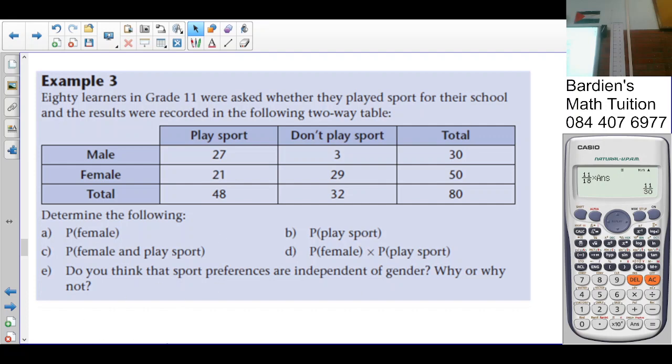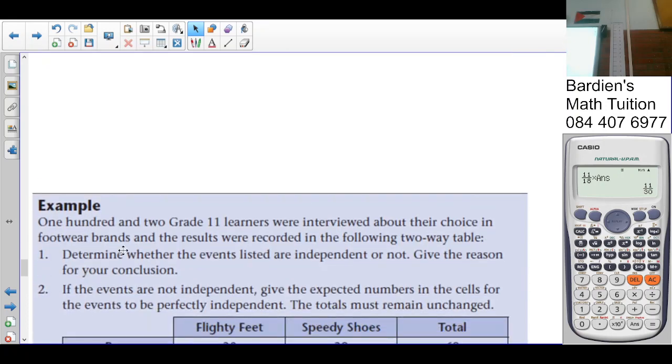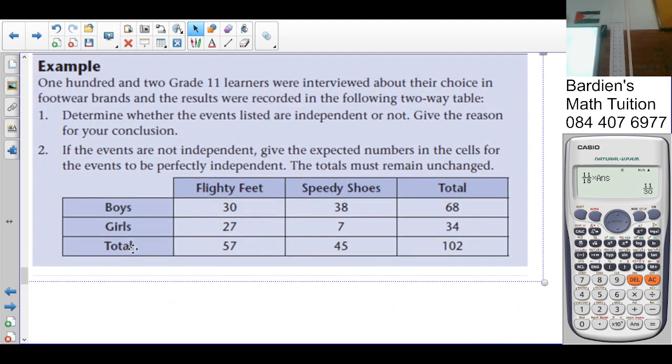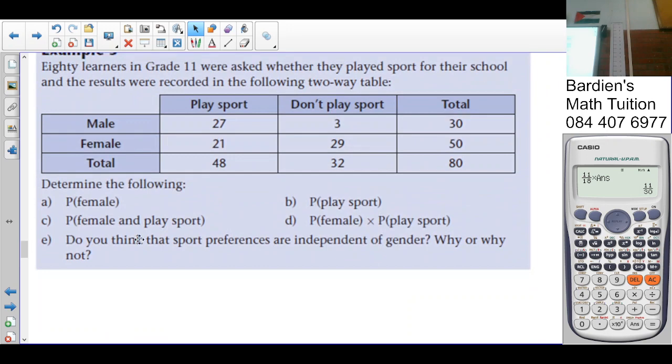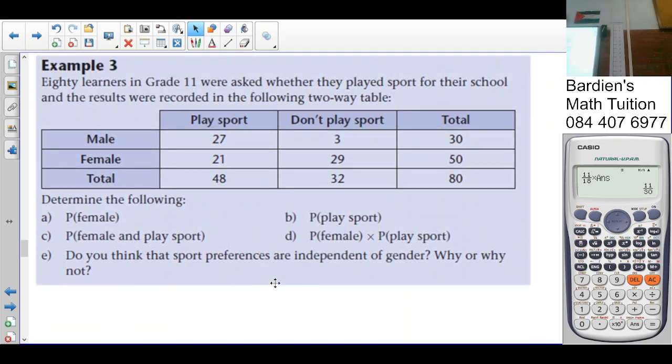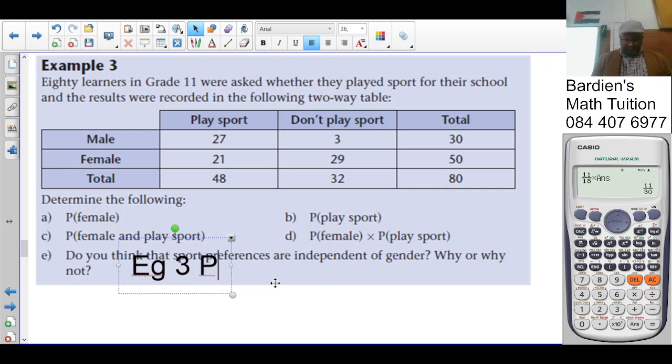Okay, so example 3. Then that's the answers linked here. Okay, that's a different part. Okay. This is example 3, and this example 3 is on page 140.